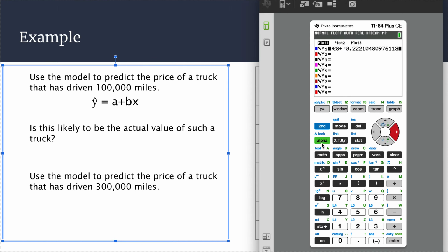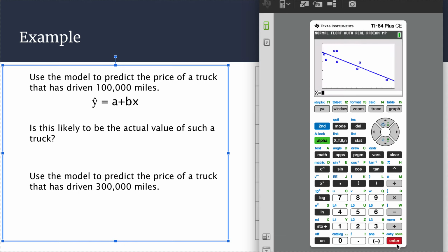Because remember, the y value, the response variable, is the price. So how do we do that on the calculator? It's actually pretty quick. If you click second, calc, and you do value, it'll say x equals, and we can simply type in 100,000. If you want to, you can do this by hand too. Write down your equation, plug in 100,000, and move on with our lives.